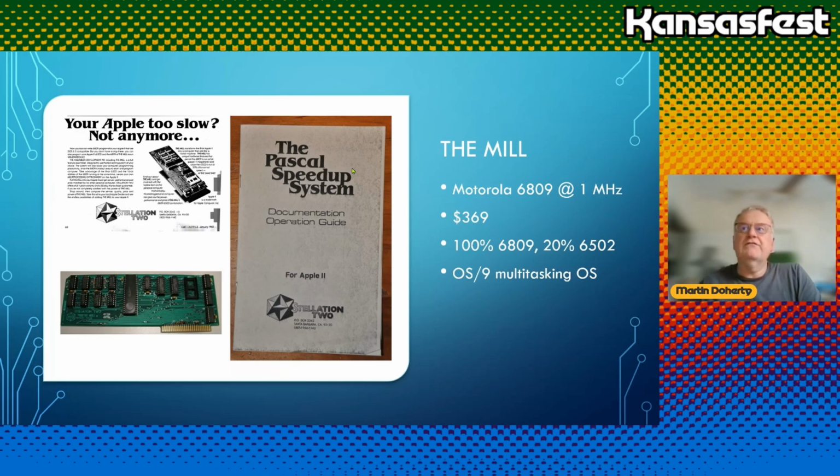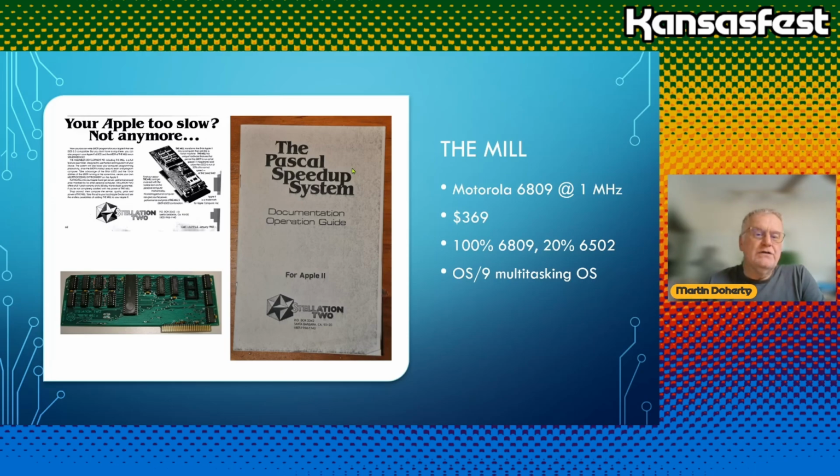It cost $369 for the system, and when it was activated, you actually were co-processing, because you had 100% of the 6809's capacity, and during some dead cycles, you were also getting 20% of the 6502's capacity. So you had a very slow, 200 kilohertz 6502 running alongside it.